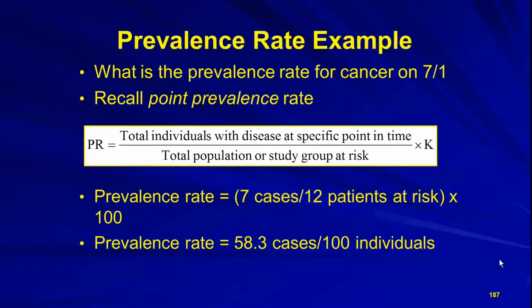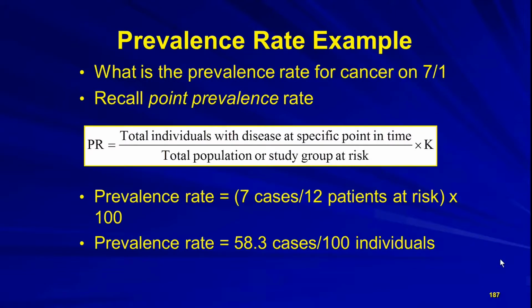And you might say, well, last time you told me we ought to deal with an integer, and now you have 58.3. This seems confusing to me because you've got a fraction. Well, if we have a prevalence rate and an incidence rate, we want to use the same denominators so that they are comparable.